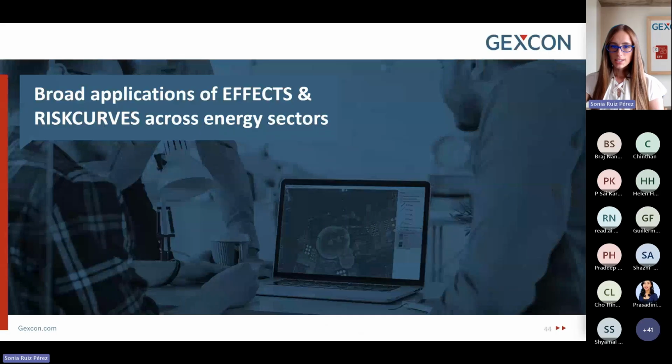As we move towards a safer, more sustainable energy future, EFFECTS and RISKCURVES can play a key role in evaluating the safety risk associated with emerging energy technologies. However, their modeling possibilities go beyond supporting safe hydrogen handling, but can also support safe ammonia handling, CCUS facilities, battery energy storage systems, LPG, LNG, petrochemical facilities, oil and gas, and many more.